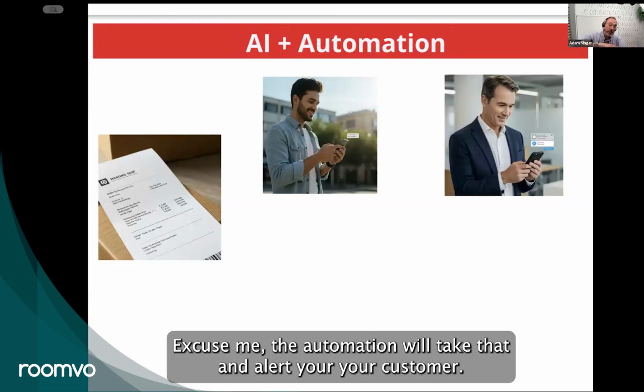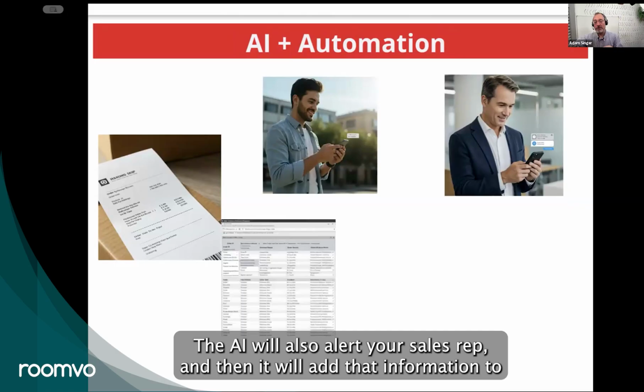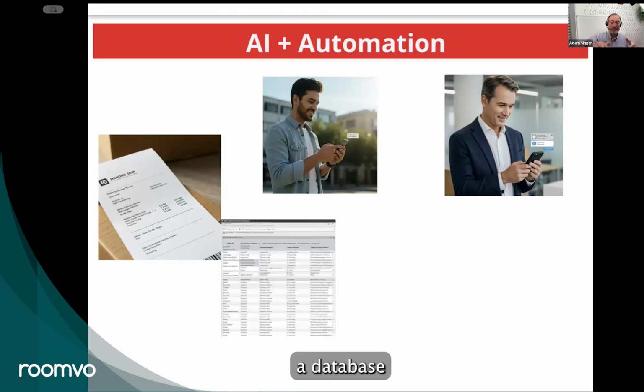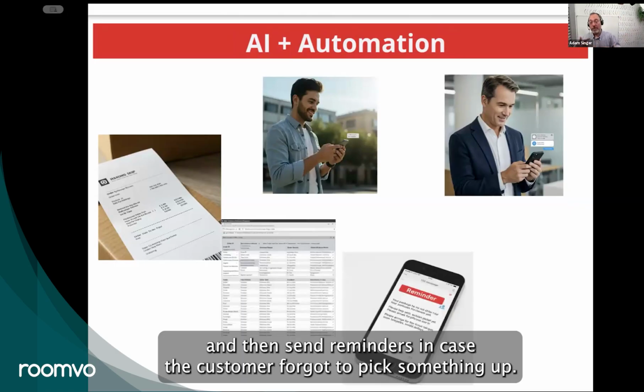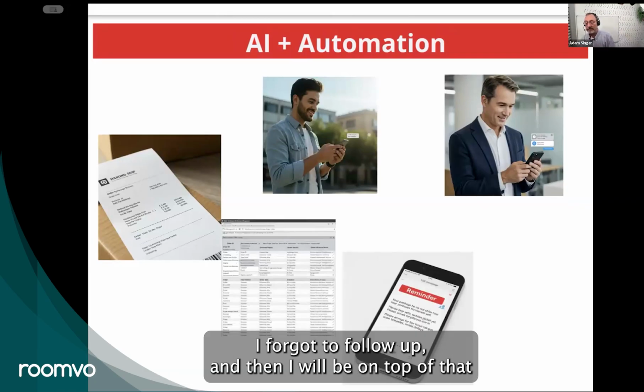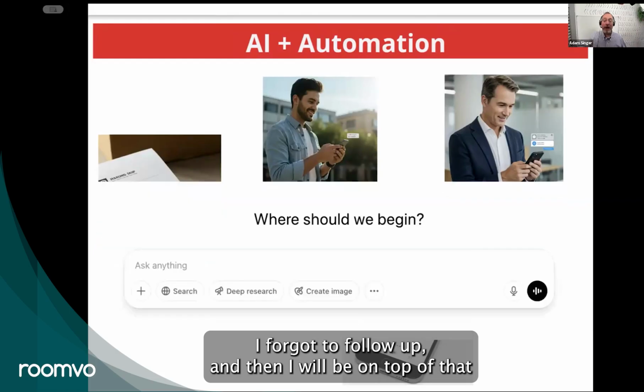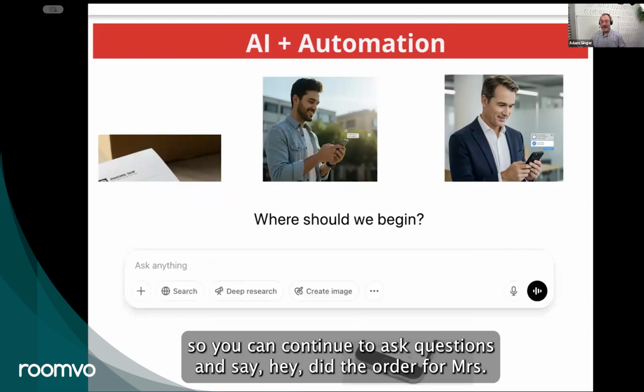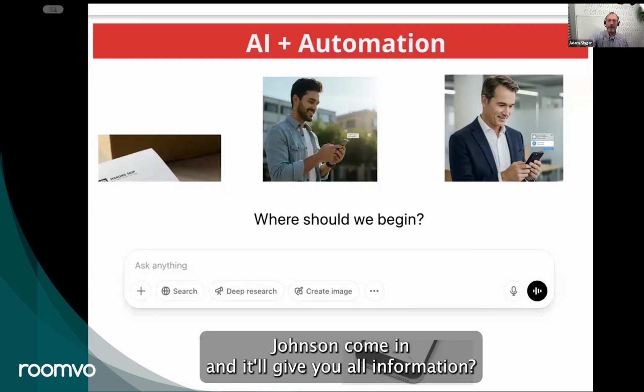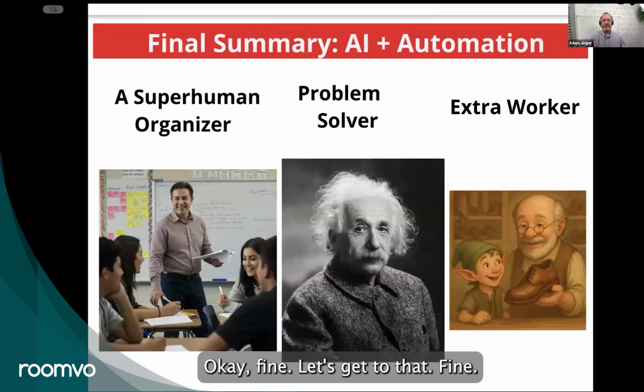It will also alert your sales rep, add that information to a database, and send reminders in case the customer forgot to pick something up or the sales rep forgot to follow up. And AI will be on top of that, so you can continue to ask it questions, like, did the order for Mrs. Johnson come in? And it'll give you all the information. Okay, fine.